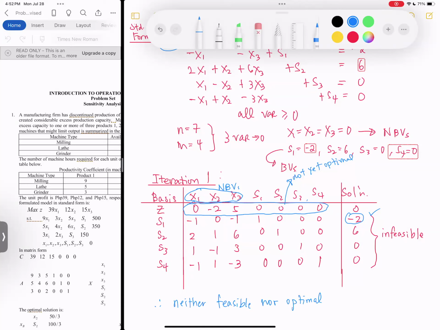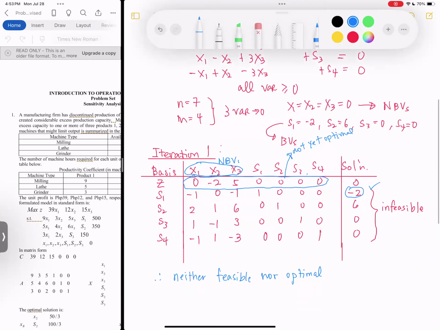So you need a super optimal tableau for you to perform the steps in the dual simplex method. But if you encounter at any point, whether from the optimal solution or from the initial iteration, a tableau that's neither feasible nor optimal, then that is the indicator that you need to use augmented dual simplex method.